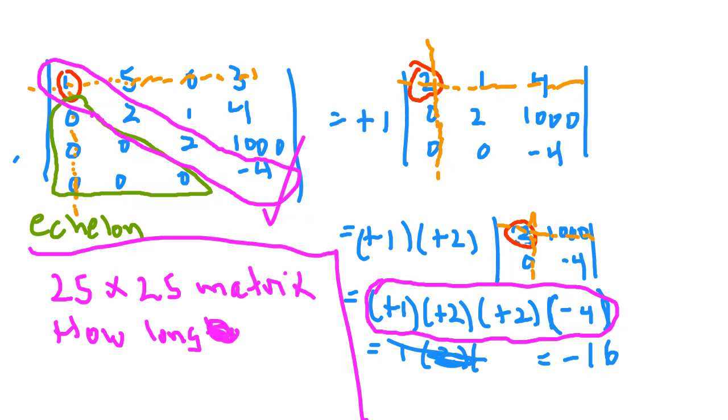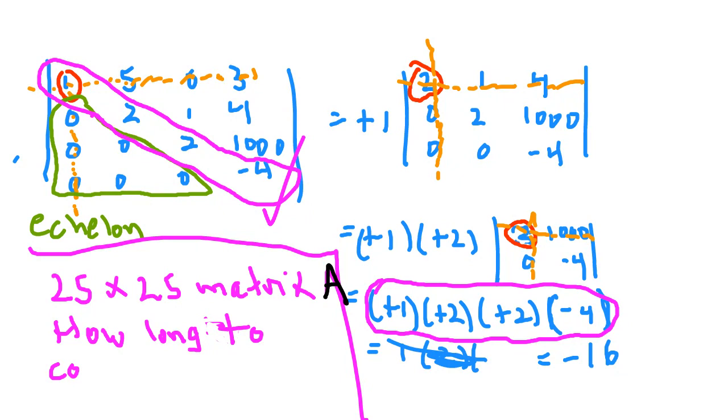Let's assume this 25 by 25 matrix also doesn't have a lot of zeros in it. We call it a dense matrix when there's not a lot of zero entries. So we have a 25 by 25 matrix, this matrix A.